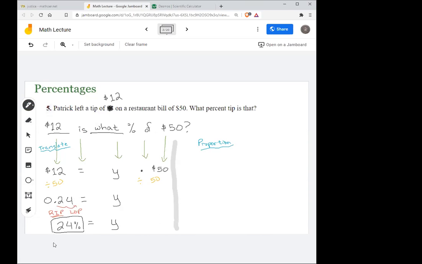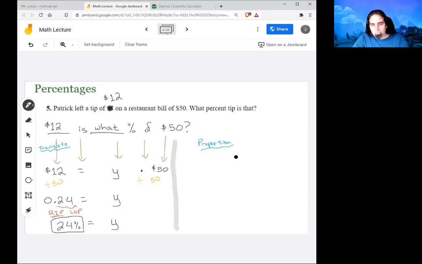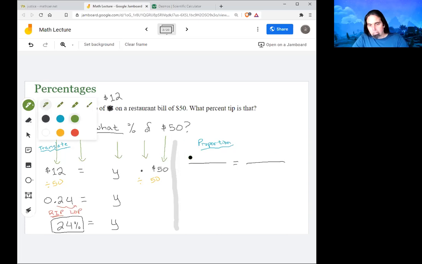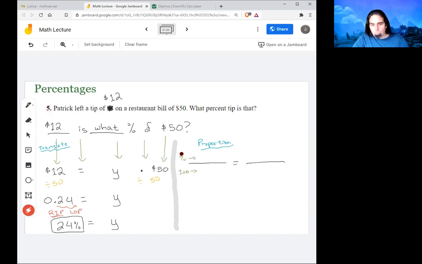Yes. Okay, if you're a proportion person, then you have the four parts of the proportion. So fraction bar equals fraction bar. Then this is your percent. This is 100. And that's part over whole.